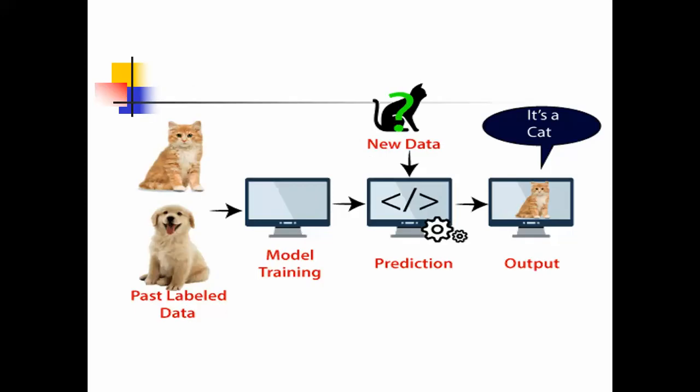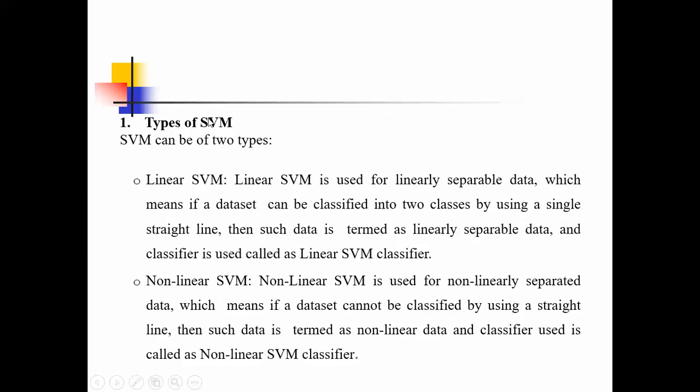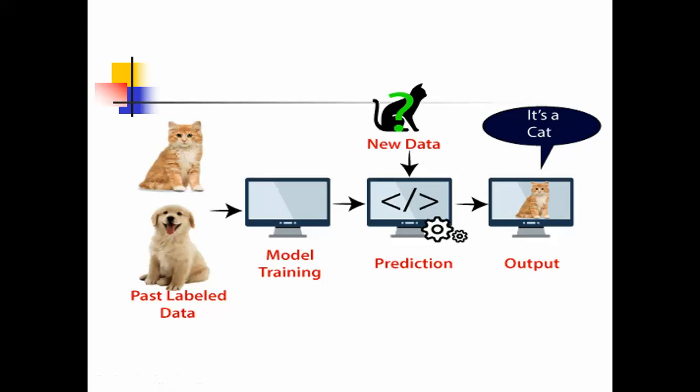So if you observe, I am going to train my model using a lot of cat images and dog images. After training the data, I am going to push new data by passing the image of one of these two images to my prediction.